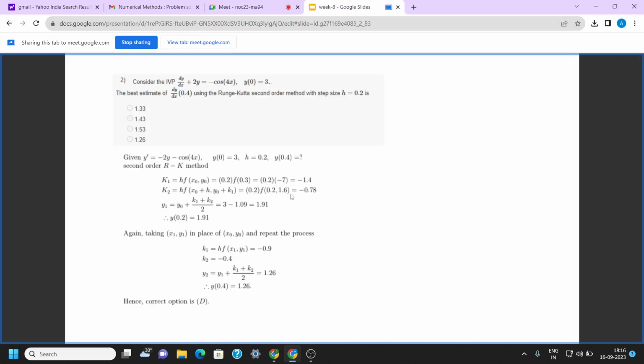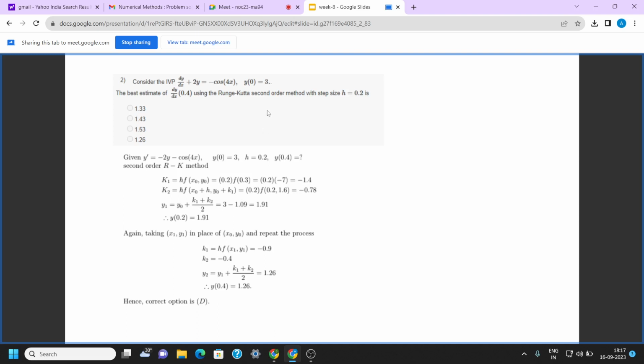Now once you have got k1 and k2, now we can find out y1, right? So y1 is what? According to Runge-Kutta second order method, y1 will be equals to y0 plus k1 plus k2 upon 2. Okay. Here y0 is what? 3, and you have just calculated k1 and k2. Substitute here and divide by 2.